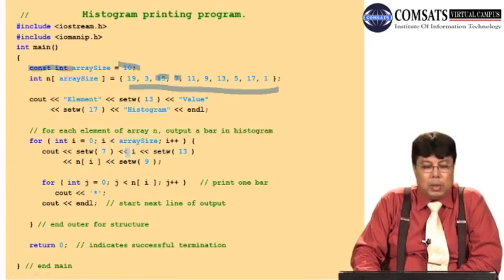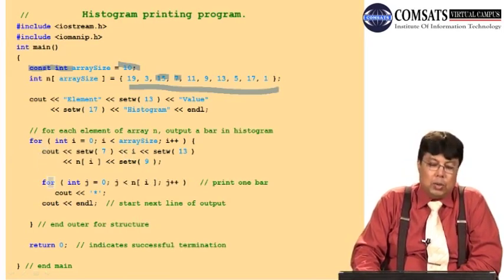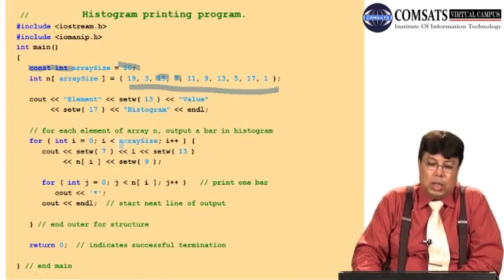Then comes the inner loop, a nested for loop. For any element, suppose the first element, where i is equal to 0, it should print 19 times. In order to print 19 asterisks, we need another for loop, this for loop, starting from j equal to 0, j less than n of i.